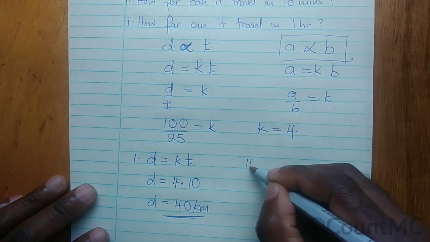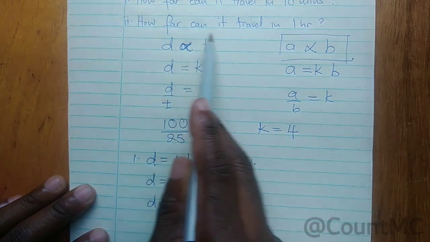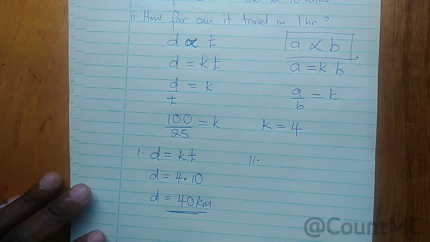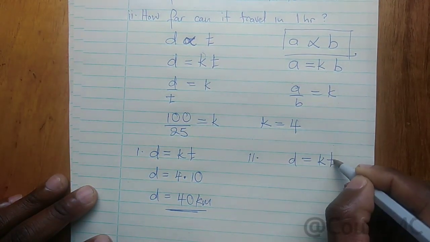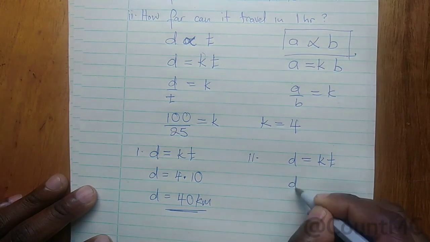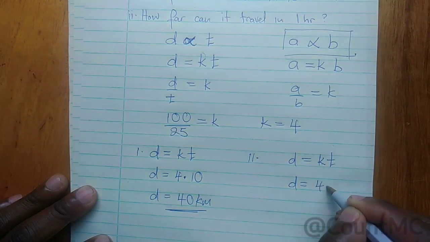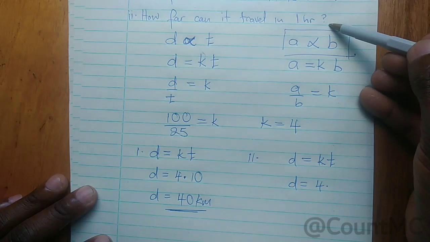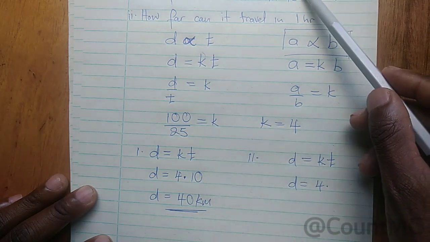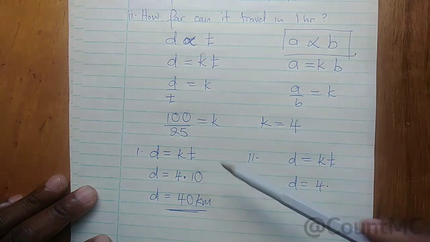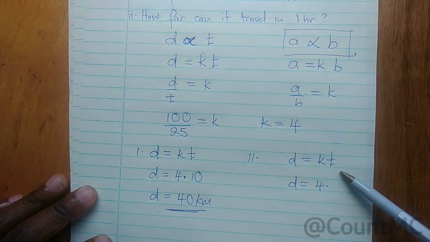Let's do the second one. How far can it travel in 1 hour? So we have our formula, distance is equals to K times T. Distance is equals to K, we know it's 4, times time, 1 hour. But remember, when we created our formula, we were using minutes. We said 100 divided by 25. So our time should be in minutes.